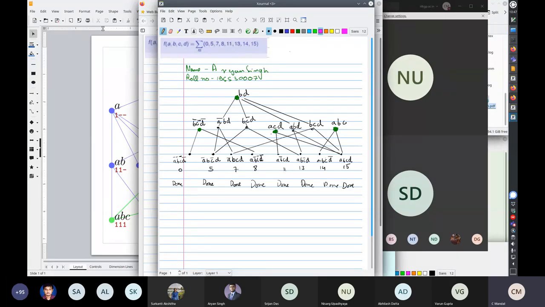If you see now BD is coming from, so here it is probably a bit instructive to do that. So BC bar D and BCD, these two are adjacent, all right?